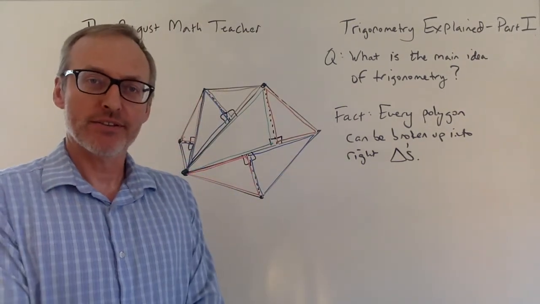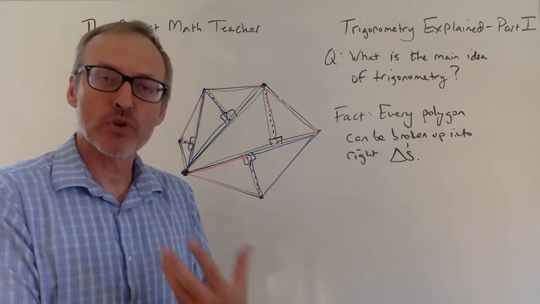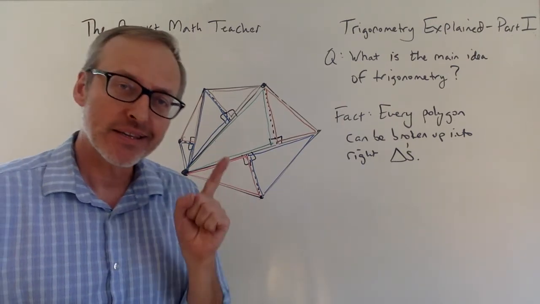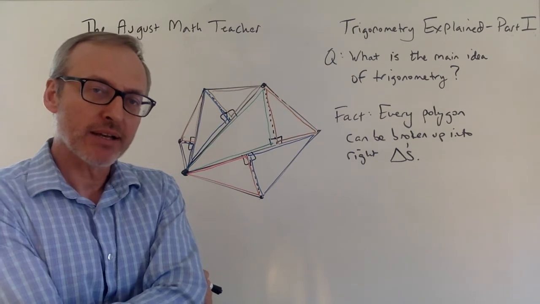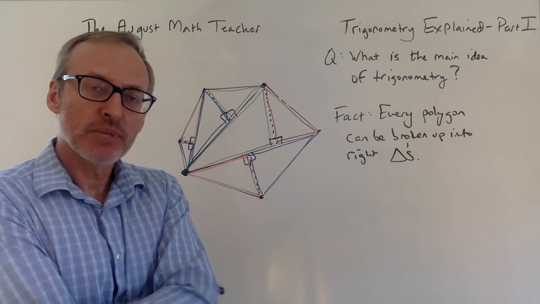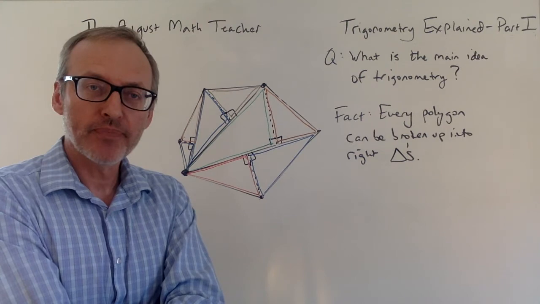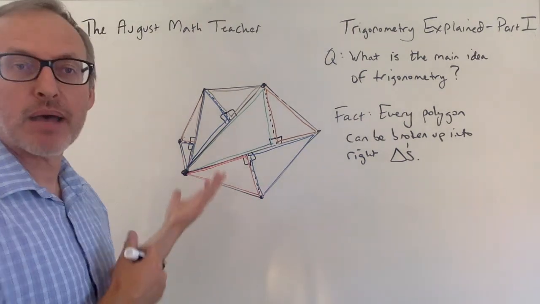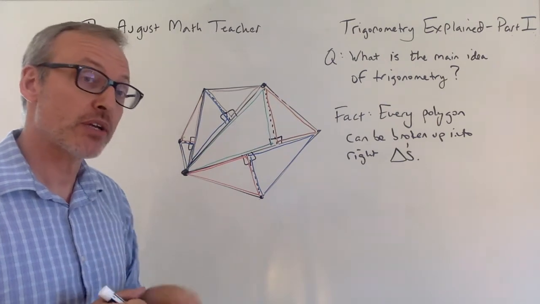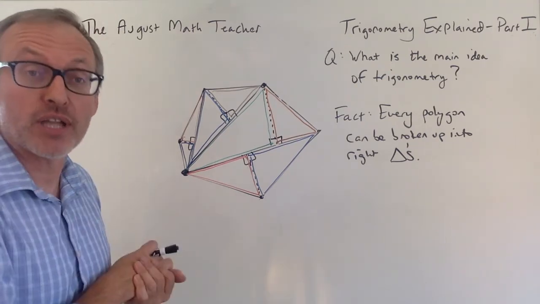And here is the next step that somebody would take if they were first trying to ask the question, how do I study polygons? They might think, you know what? In order to study polygons, it would be good to just study right triangles. Because if I can understand everything possible about a right triangle, then when I have some object that isn't a right triangle, I can break it up into right triangles, and I can use my understanding of right triangles to understand things about these non-right triangle objects.